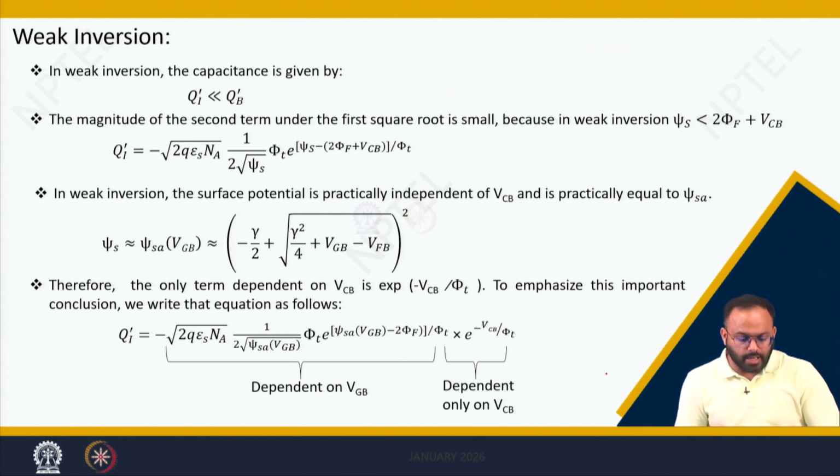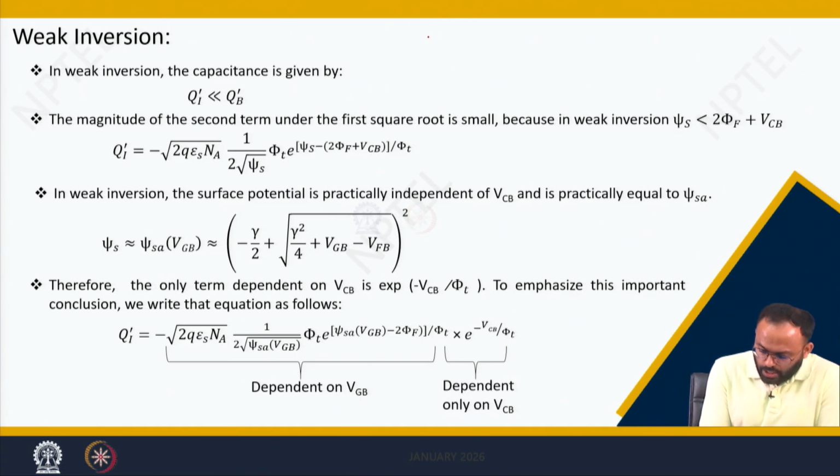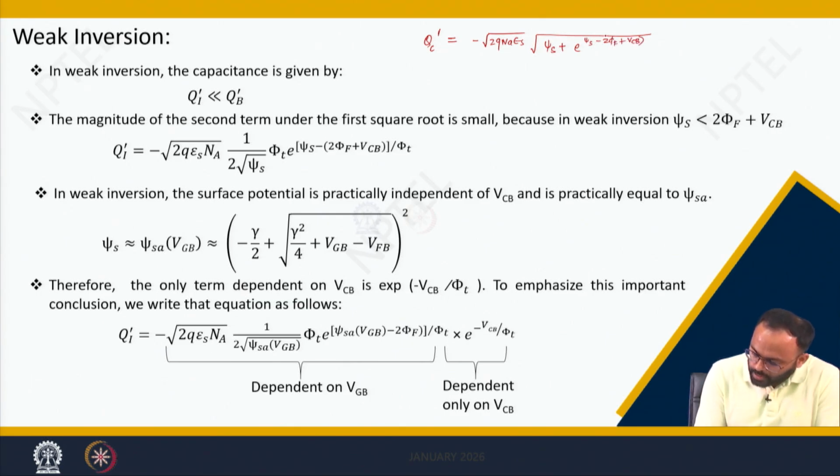Now, let us understand the weak inversion. The influence of VCB will be significant in weak inversion as well. So, the total channel charge can be written as minus square root of 2 into q into Na into epsilon S into psi s plus e to the power of (psi s minus 2 phi f plus VCB) over phi t.